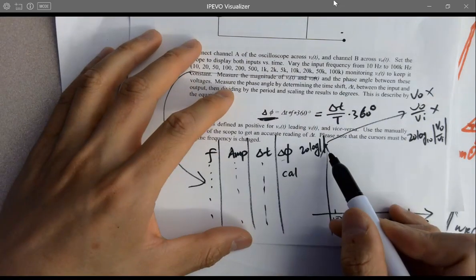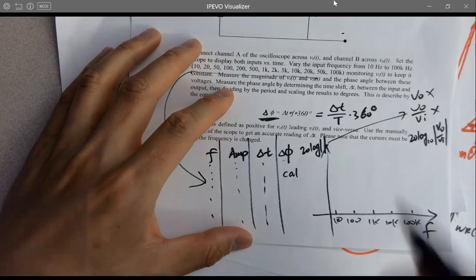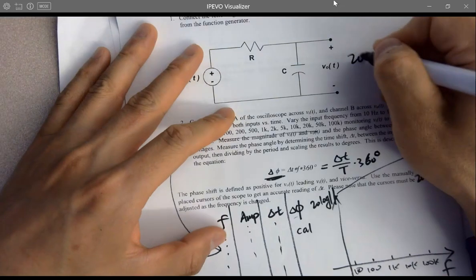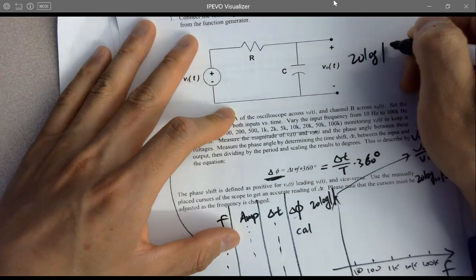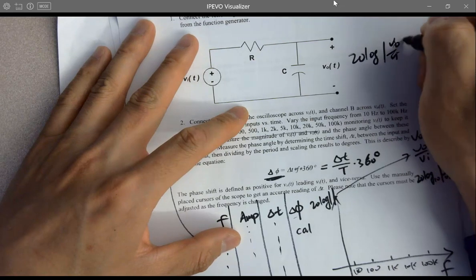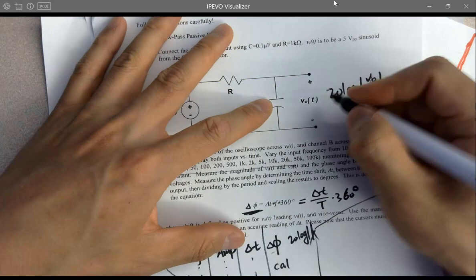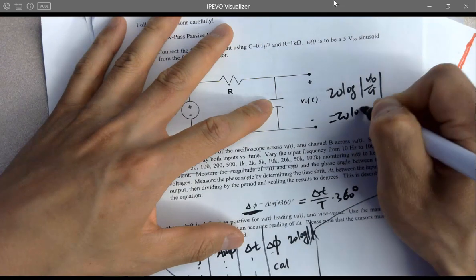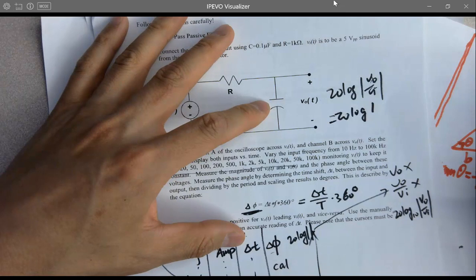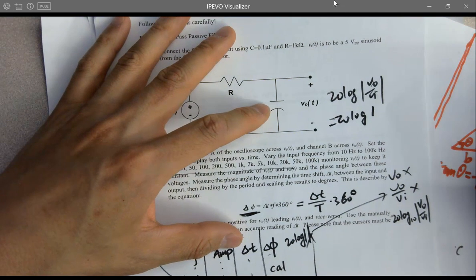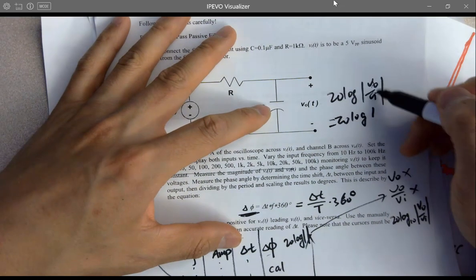So if you have 20 log VL over VI, and there's no attenuation, for example, so this is 1. And what is that? No attenuation, VL over VI.